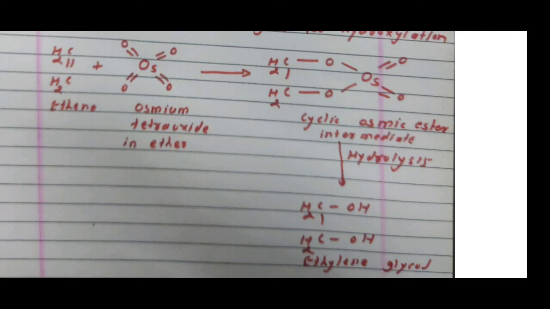Therefore formation of CH2OH CH2OH. This is ethylene glycol. Means when we use cold aqueous KMnO4, formation of ethylene glycol, or when we use osmium tetroxide in ether solution, formation of ethylene glycol. This is the hydroxylation reaction of alkene. Thank you for listening.